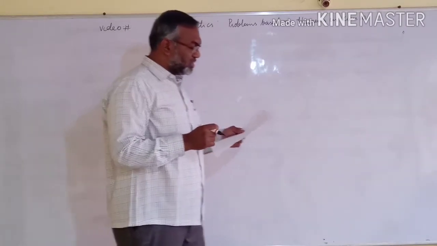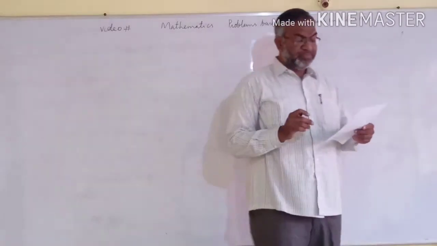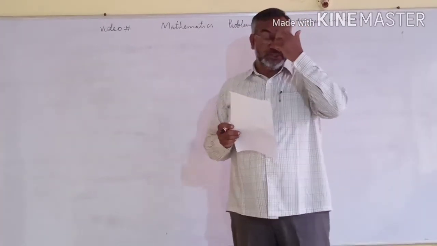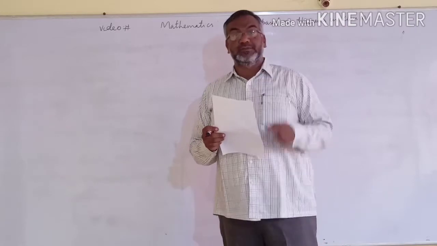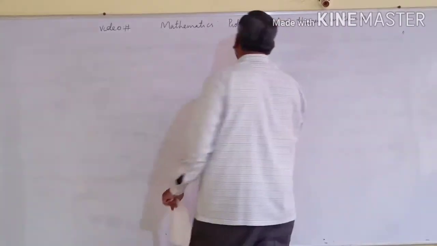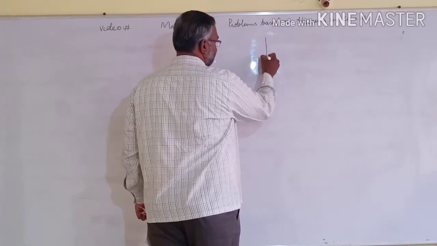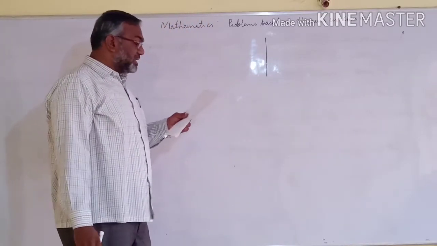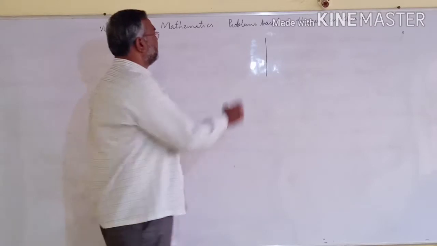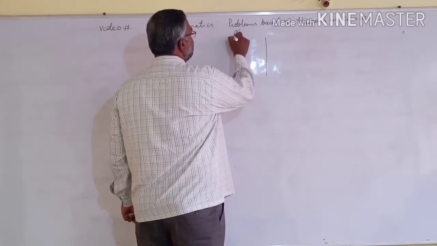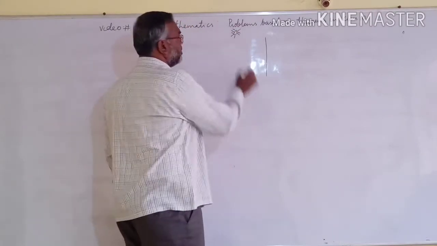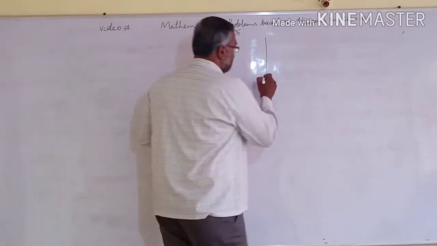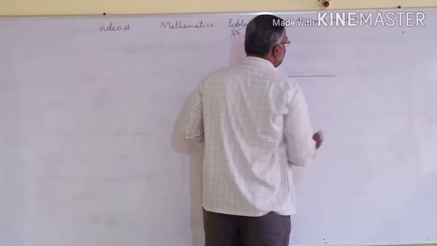Here is a question. According to this question, there is a pole or a tower, and the length of the tower is not given. The length of its shadow is given. The sun is shining, so definitely the tower will have a shadow.